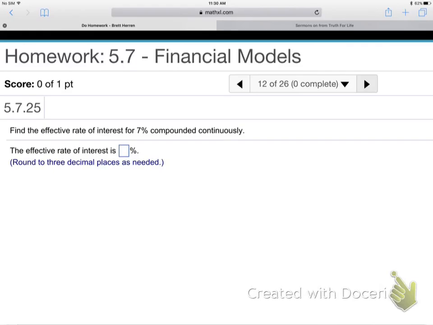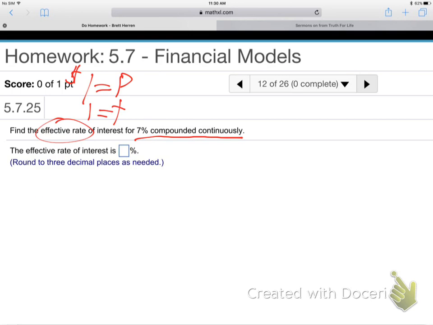All right, so try that one. So the effective rate is 7%. So again, effective rate. So $1, P is $1, T is 1 year, right? So put in $1 for 1 year. Which of the 2 formulas are we going to use? The PERT one, right? Continuous, because the compounding is continuous.